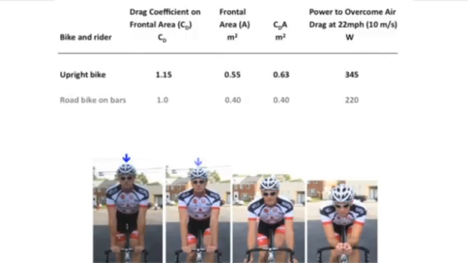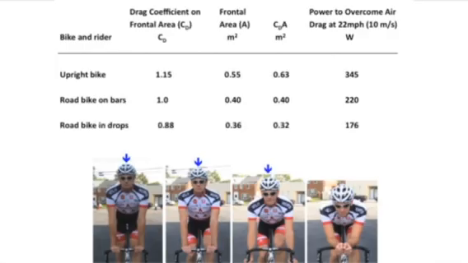Now, if we move Tom into the road bike on the bars, if he gets in the bars instead of standing up, then we find that Tom has a better drag coefficient, as well as a smaller frontal area, a smaller product of the two, and it will only take Tom in that position 220 watts to overcome aerodynamic drag at 22 miles per hour.